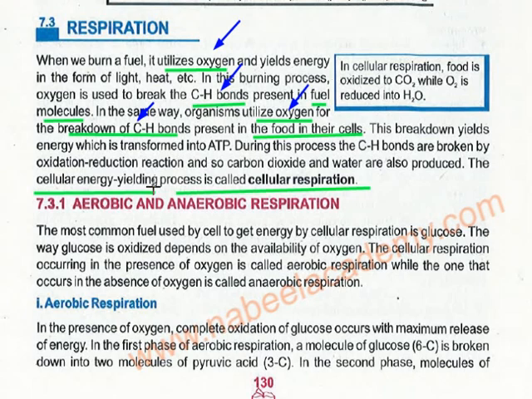There are two types of respiration. One is aerobic and the other is anaerobic respiration. Aerobic respiration takes place in the presence of oxygen, and anaerobic respiration takes place in the absence of oxygen. So respiration has how many types? Two types. First is aerobic and the other one is anaerobic respiration.